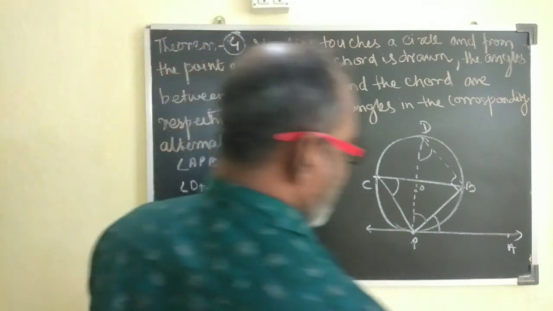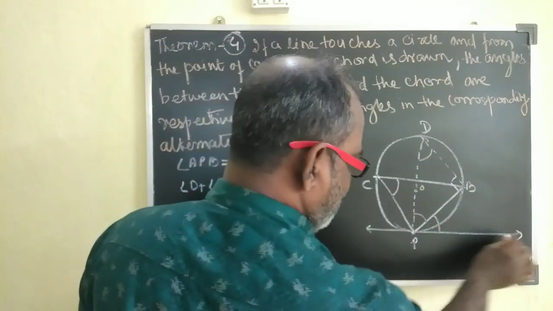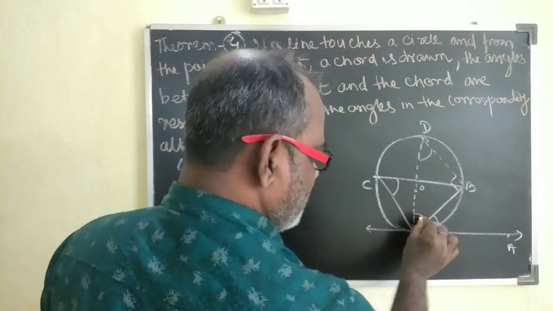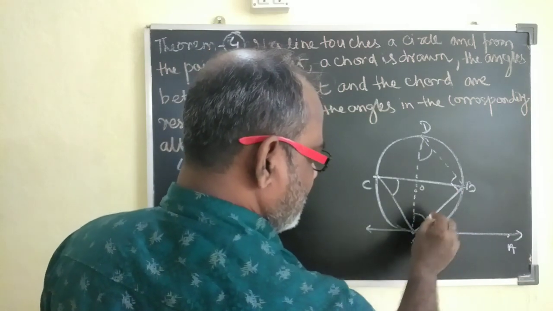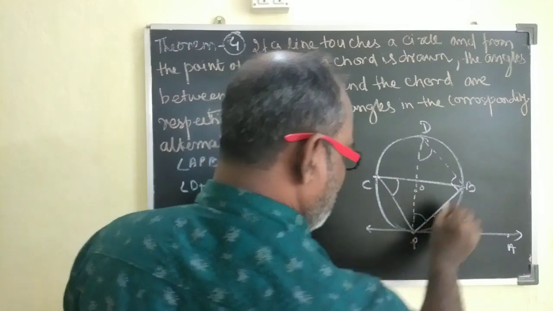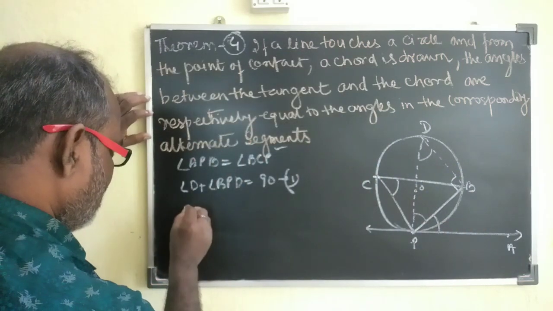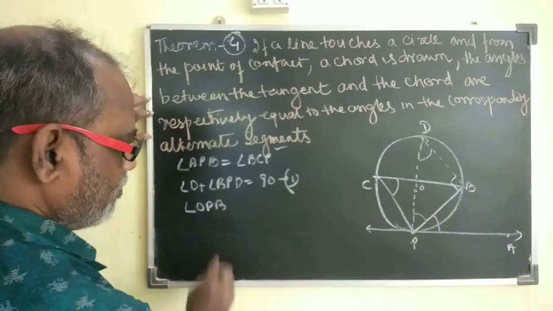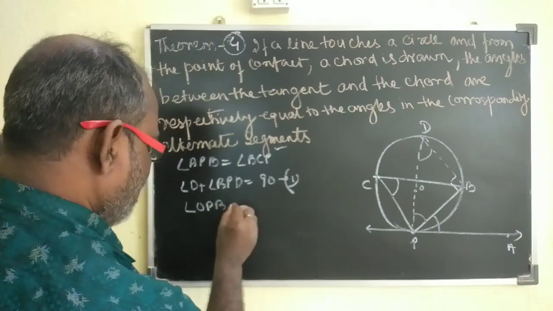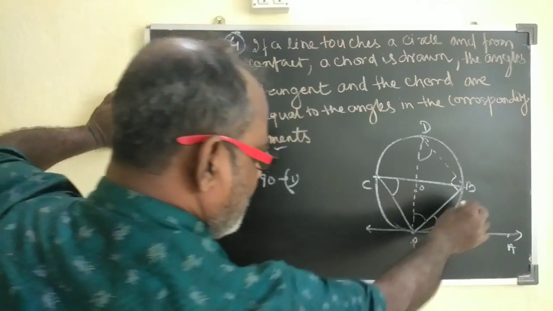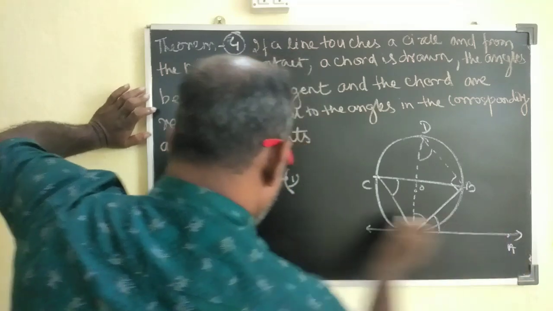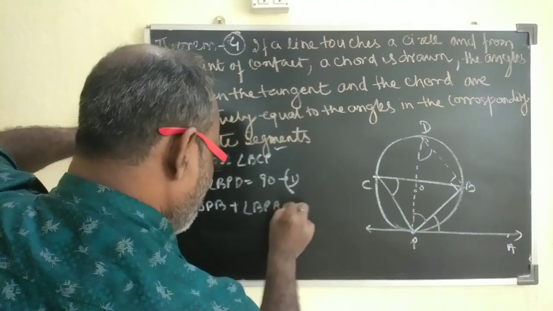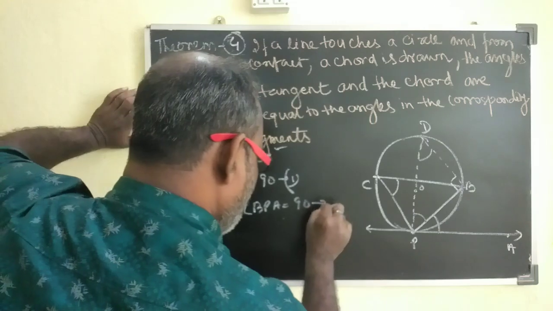Also we know that since this is a tangent and this is a line passing from the center, this must be equals to 90, that is angle OPB plus angle BPA equals to 90.